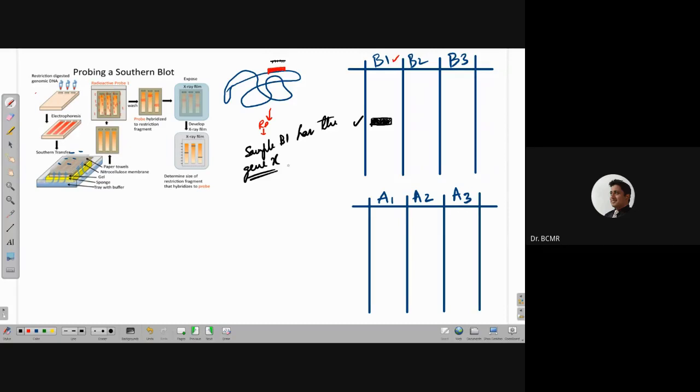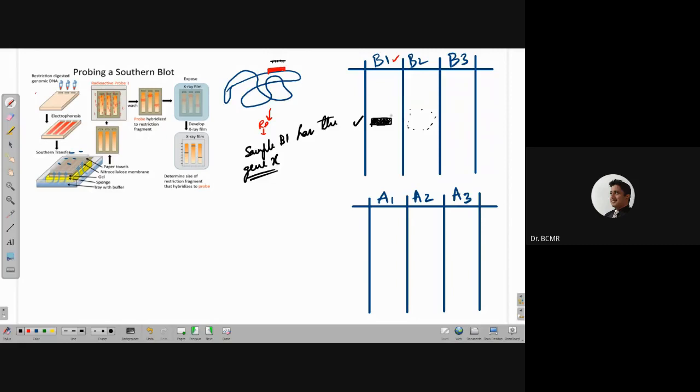Okay. And in the same plot, when B did not give any band, what does that mean? It could mean that B does not have gene X. Assume B does not have a band there.